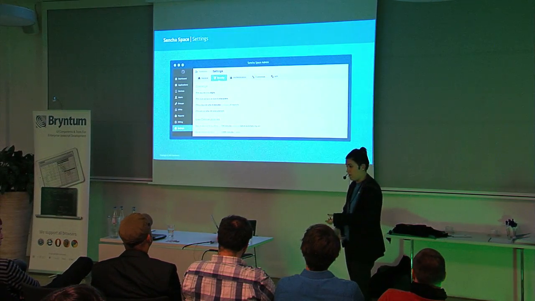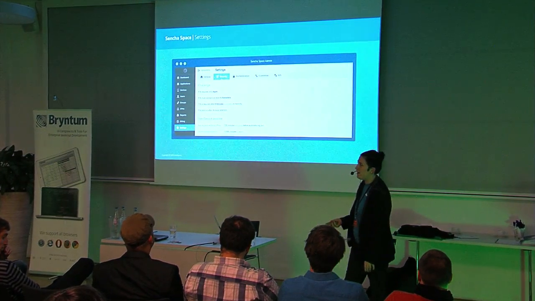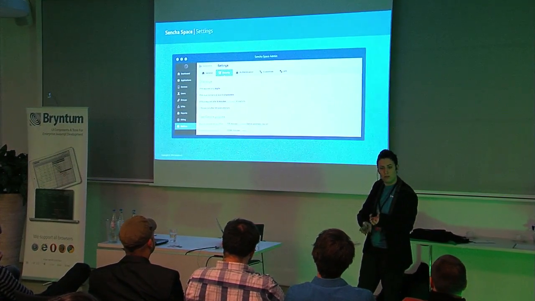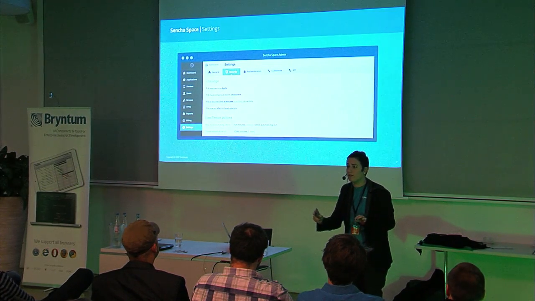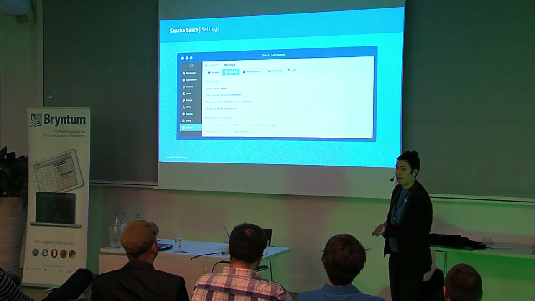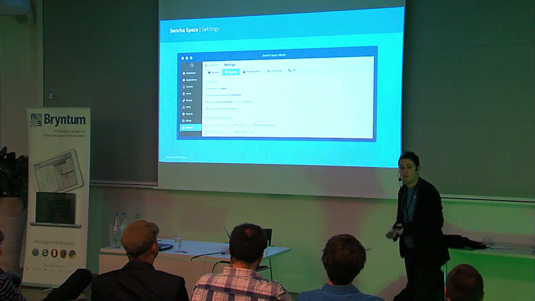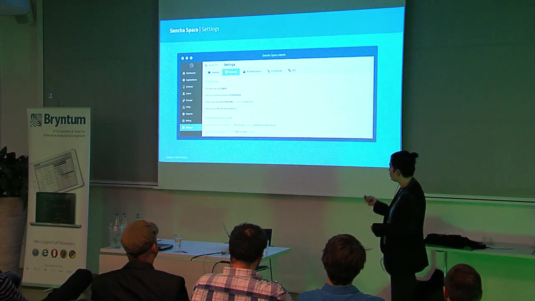You can set it after 5 minutes, after 10 minutes, whatever you want. And you can also choose how the end user needs to log in again. Is that with the full password, or with a PIN code? The PIN code can be 4 digits, 5 digits, or mixed with numbers and other characters. You can set all that up.